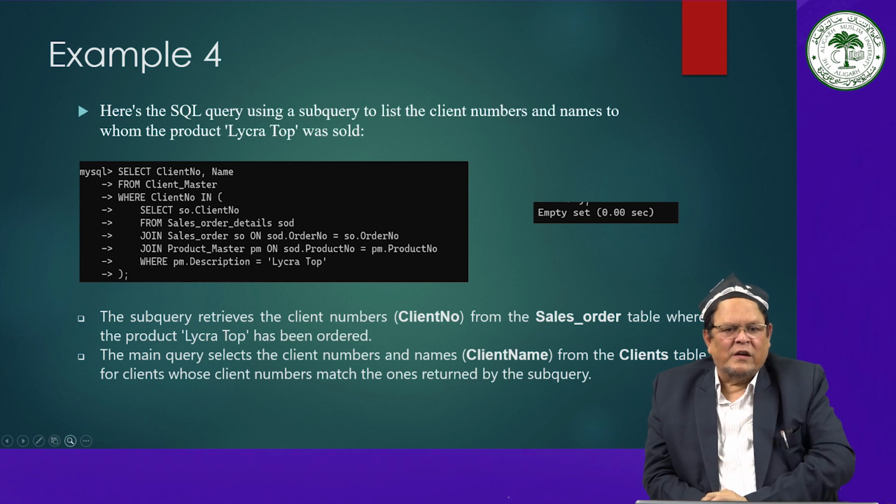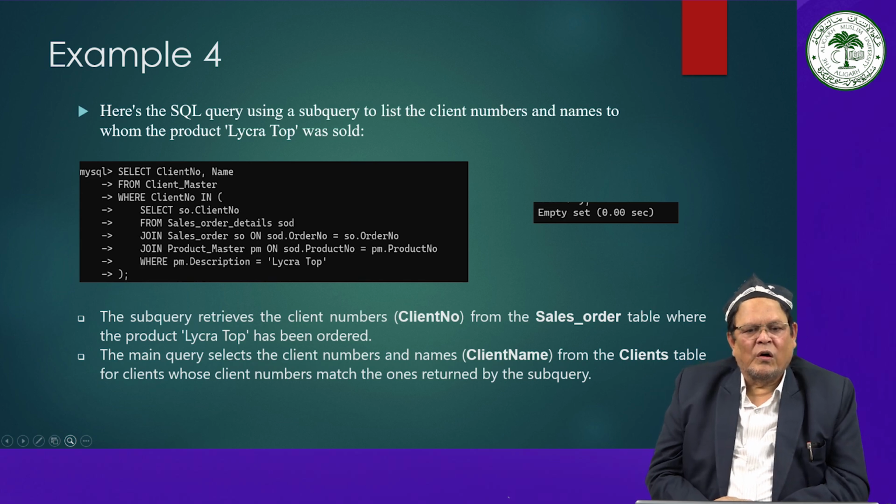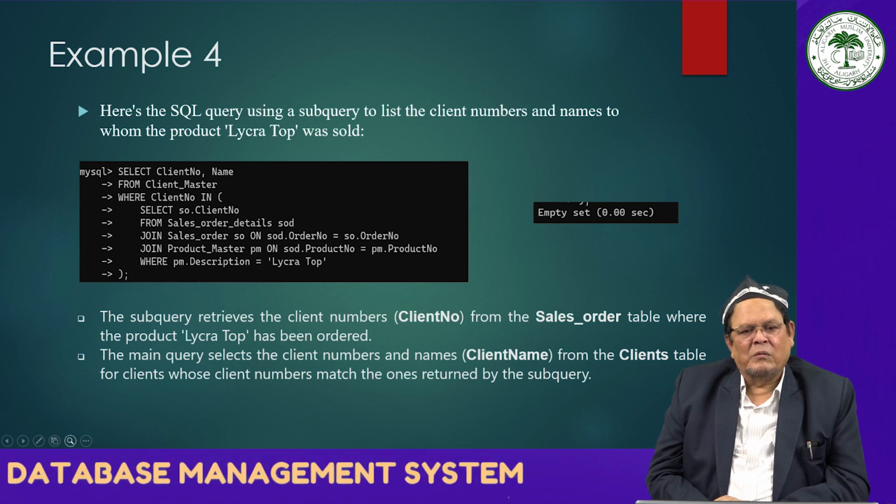For that you have to write select SO.client number from sales order detail SOD join sales order SO on order number from sales order table, and the order number of SO must be equal to order number from SOD.